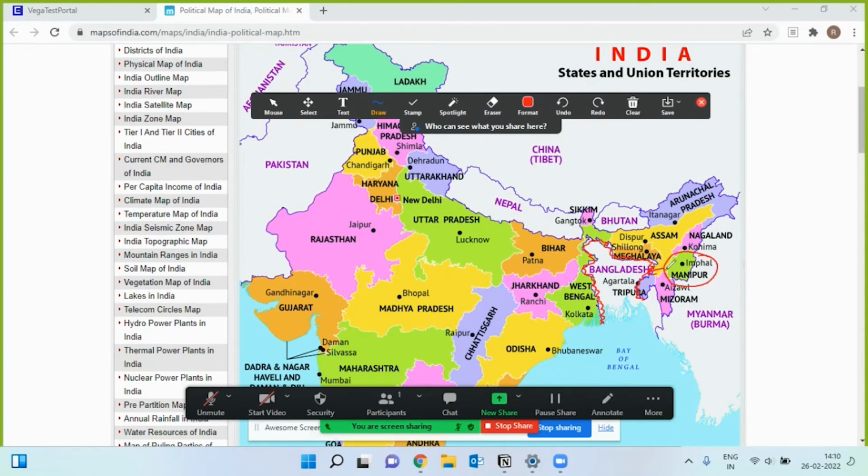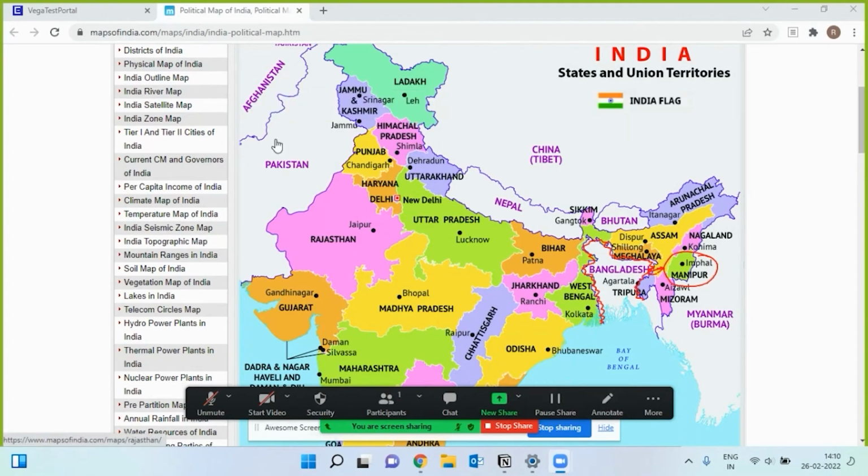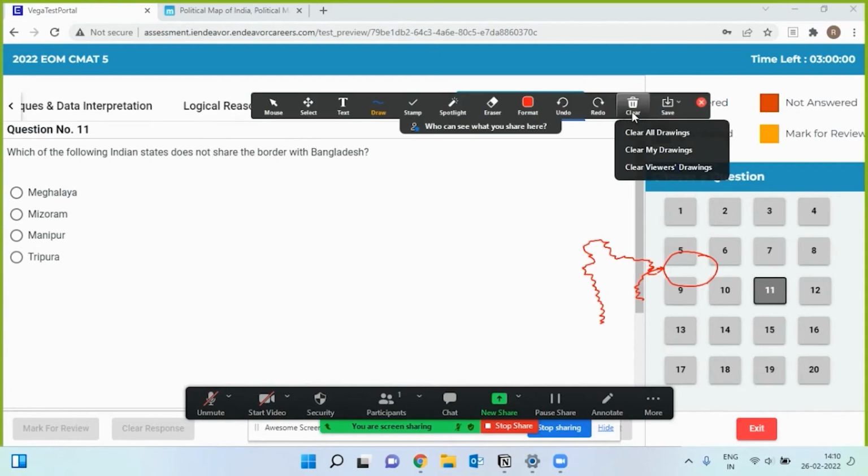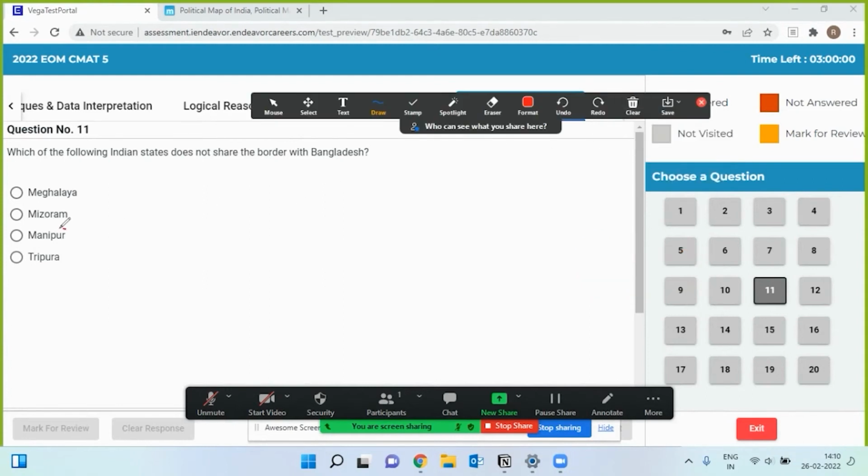It does not share its border with Bangladesh, and therefore the correct answer to this question will be Manipur. Manipur is the correct answer. Now, there is another question in this section related to the India-Bangladesh border. We will come to that question, but answer to this question number 11 is Manipur.